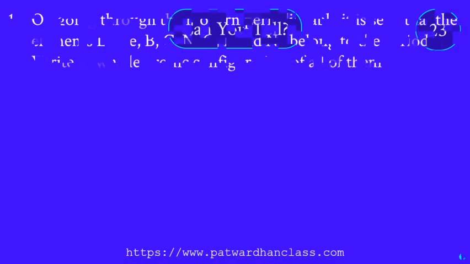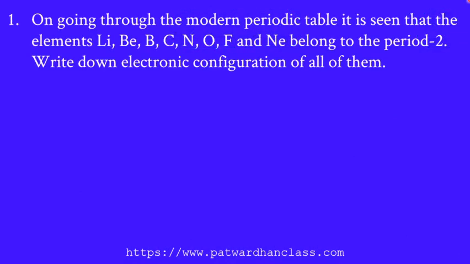On going through the modern periodic table, it is seen that the elements lithium, beryllium, boron, carbon, nitrogen, oxygen, fluorine, and neon belong to the period 2. Write down the electronic configuration of all of them.